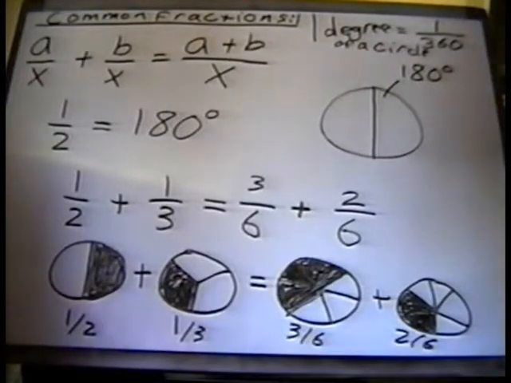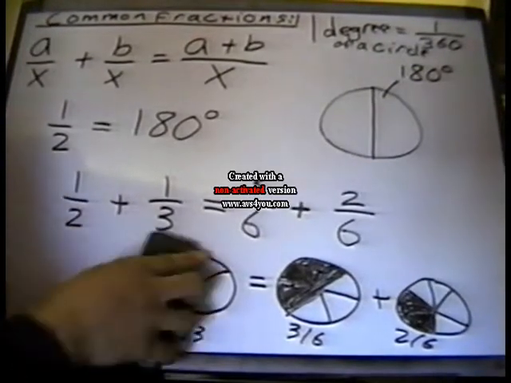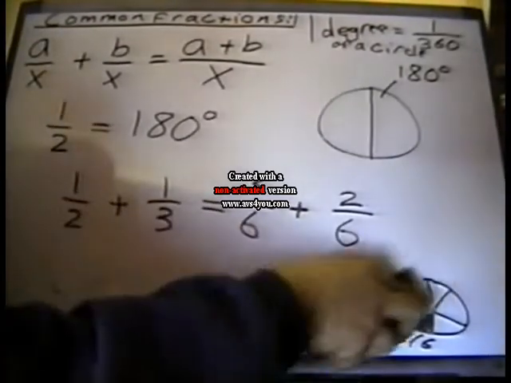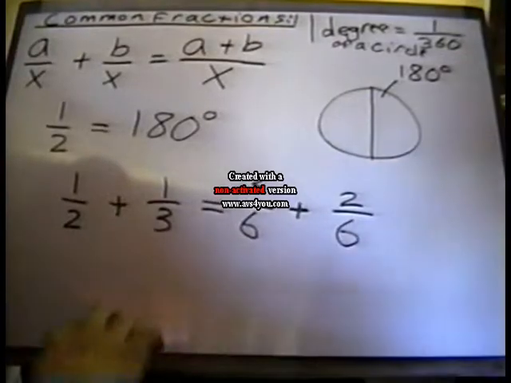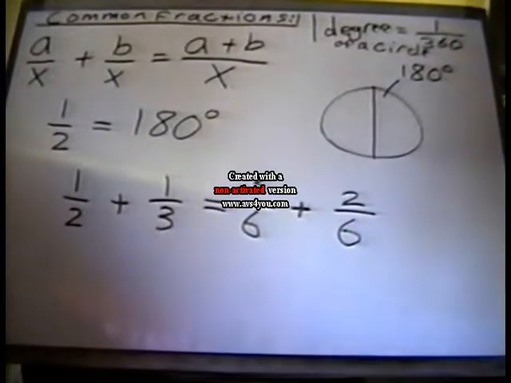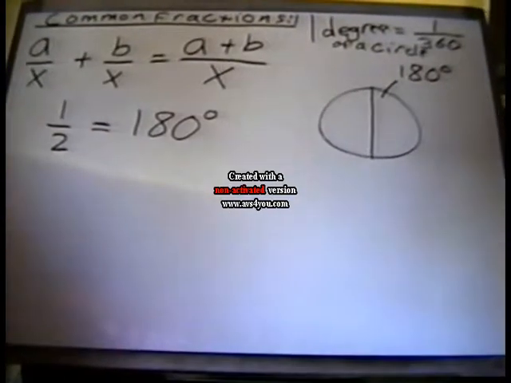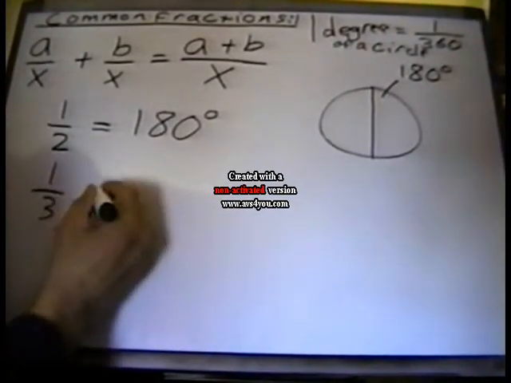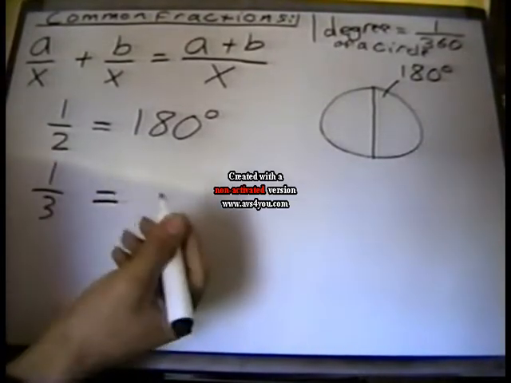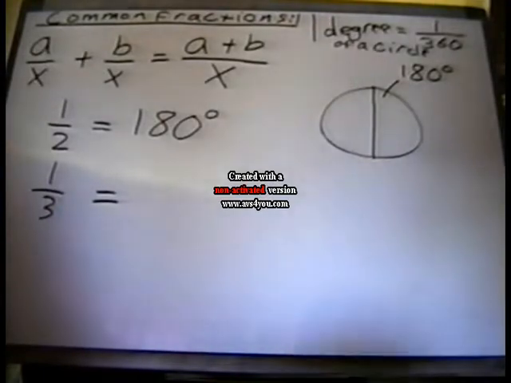Now another way, there's another point I wanted to show you. Now 1/2, we know that equals 180 degrees. 1/3, so is equal to how much? Well, first, we know a circle.